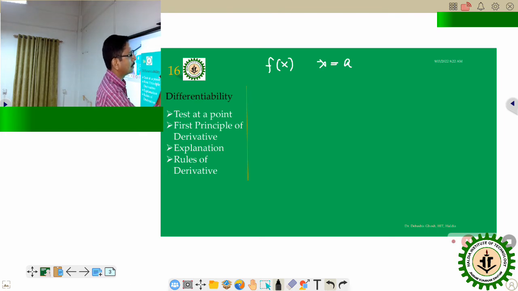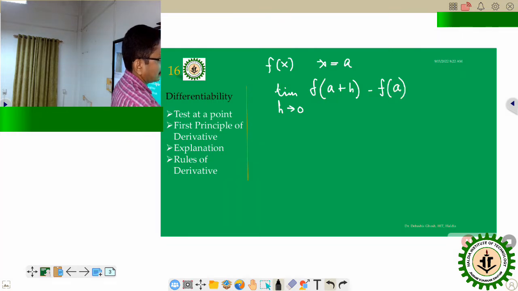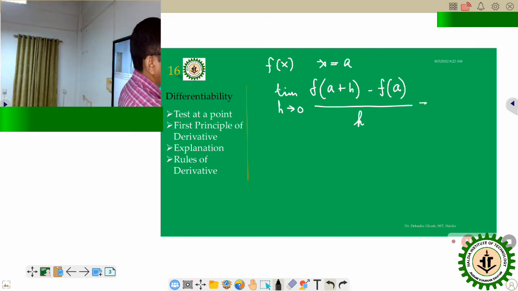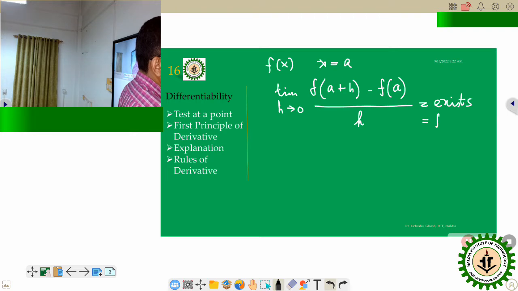We know that the limit as h tends to 0 of f of a plus h minus f of a divided by h, if this limit exists, and that gives you some finite value, of course the existence gives you the finite value, then we can express that this value is equal to f dash a.